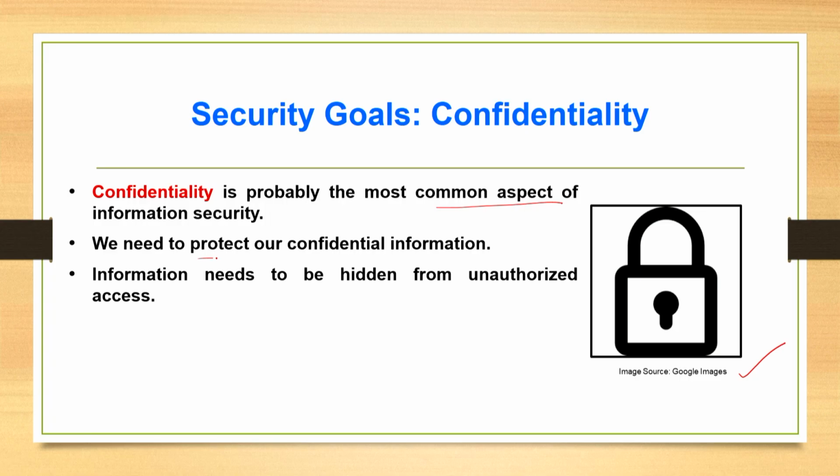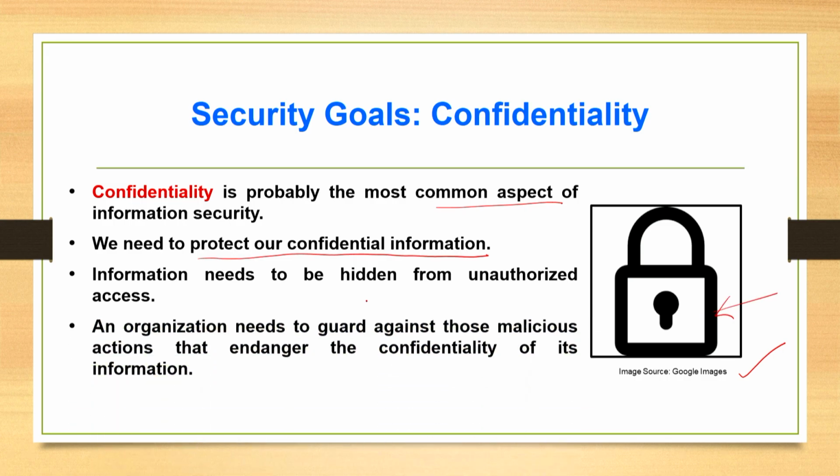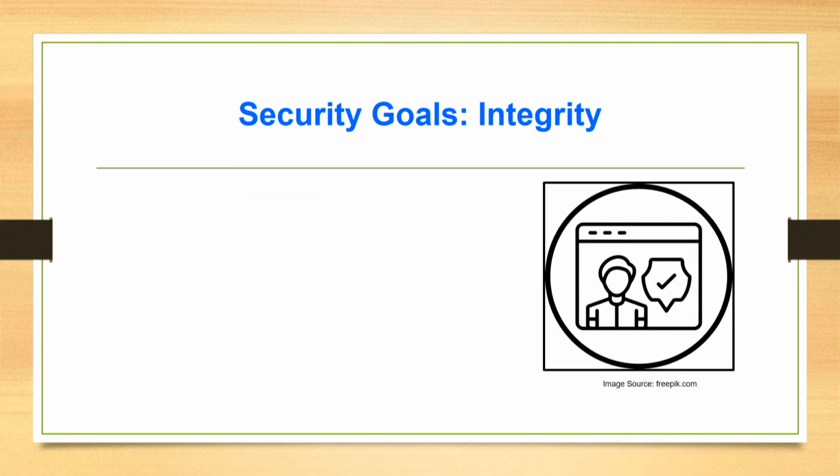It means we need to protect our confidential information. Therefore, this lock picture is there. Information needs to be hidden from unauthorized access, and an organization needs to guard against malicious actions that endanger the confidentiality of its information.